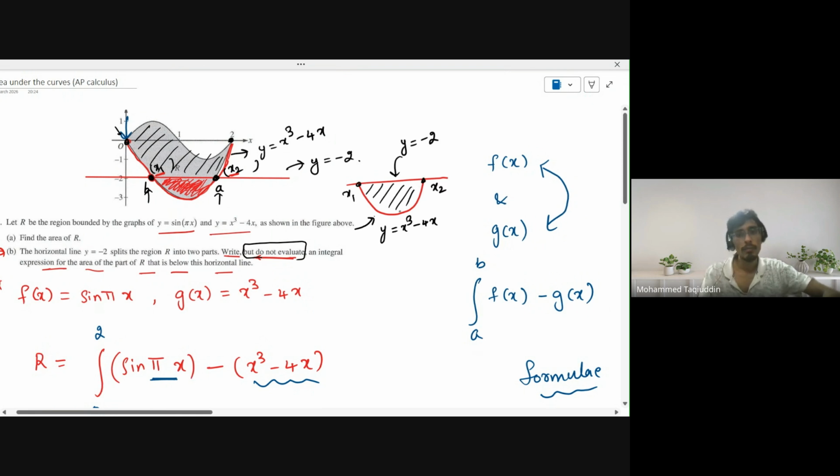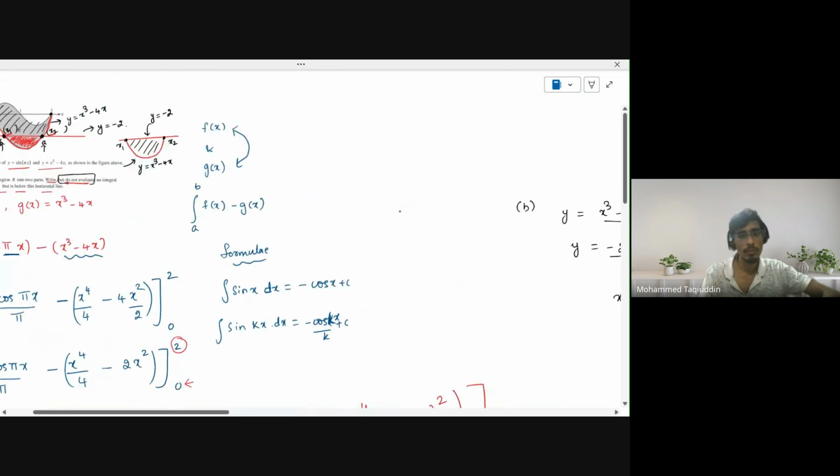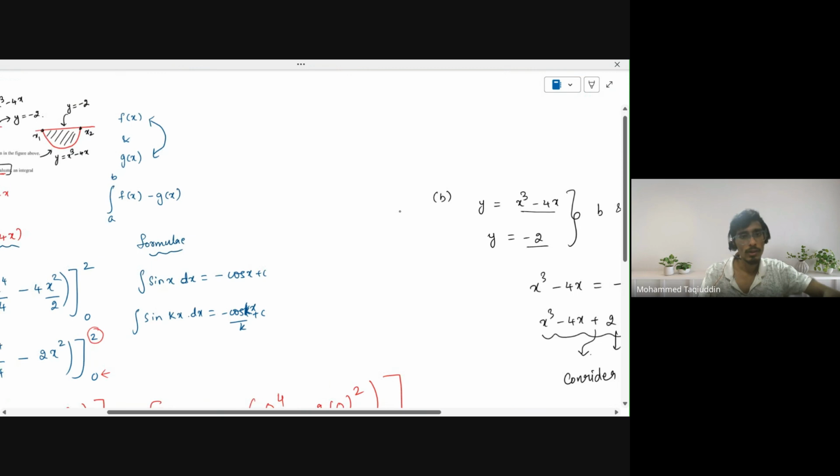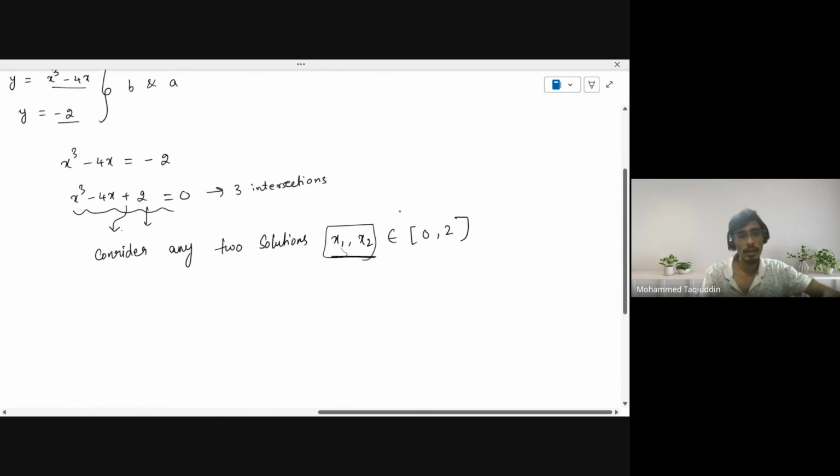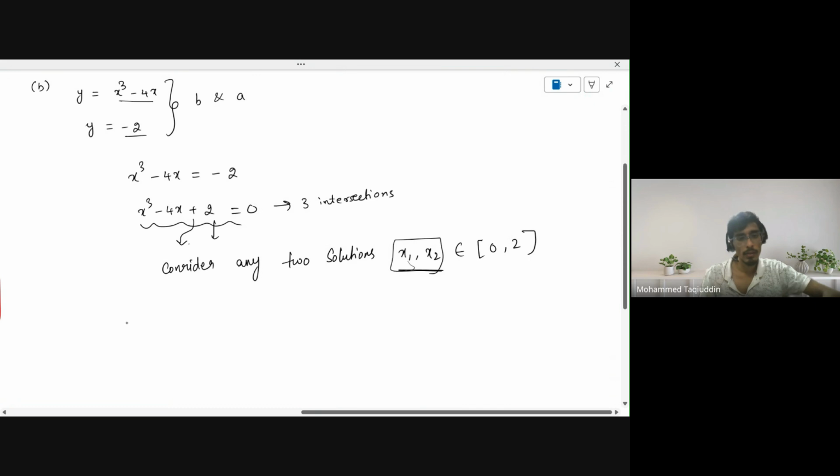So I'm going to use this concept here. The required region for question number B will be the integral from x2 to x1. I don't know what exactly those points are, as they have asked that we shouldn't evaluate them, according to the question.